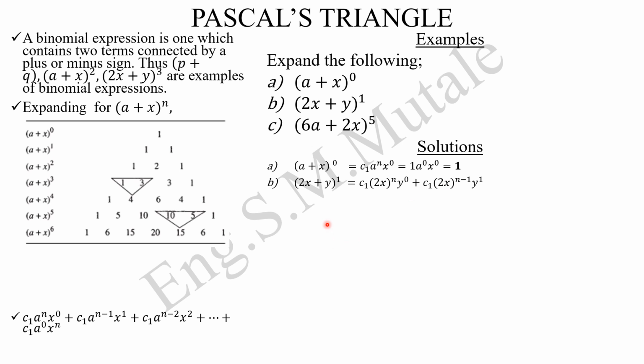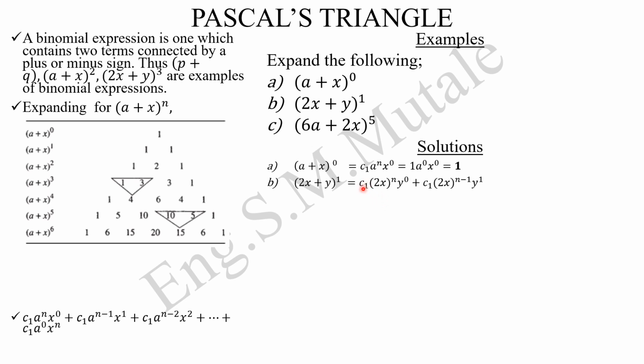For b, we have this. So our interest is checking the Pascal's triangle. For where n is 1, the coefficients are these, 1 and 1. So you start with the first coefficient, then this first term will be to the power n. It will reduce until it reaches 0, and then this second term will start from 0, it will increase until it reaches n, which is a 1.